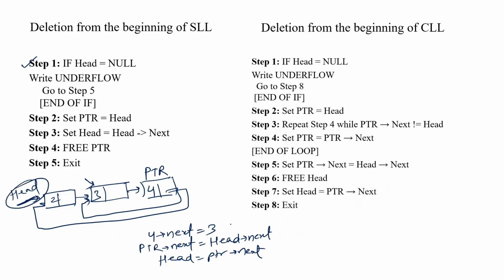So step number 5 is PTR to next is equal to head to next. And step number 6 is we are freeing this head. And finally, we are setting the new head, that is head is equal to PTR to next. This head will come. So in this way, we can delete the element from the beginning of the circular linked list.